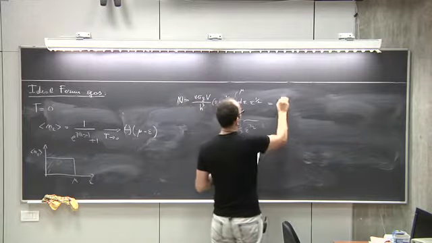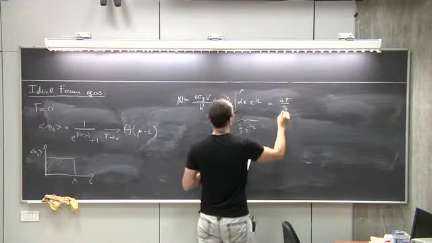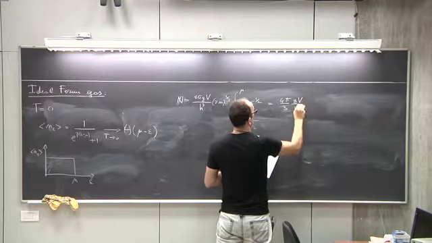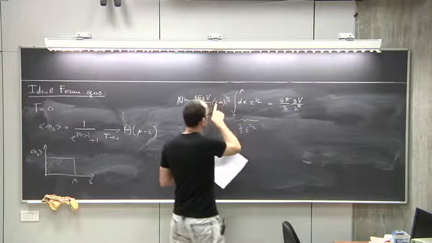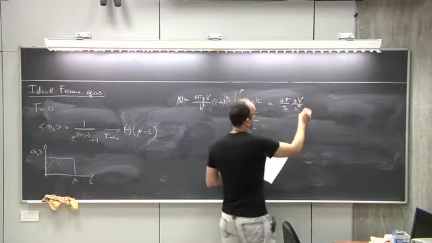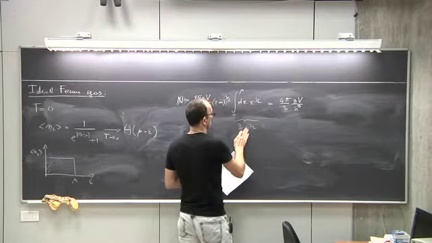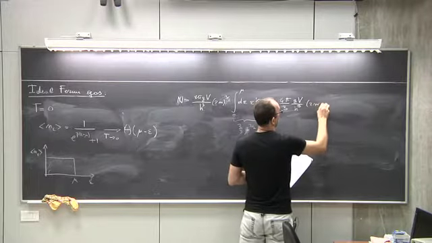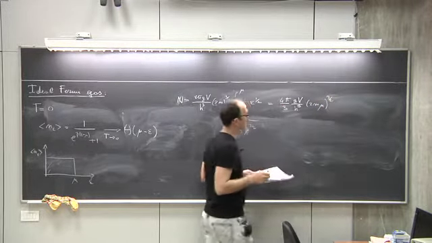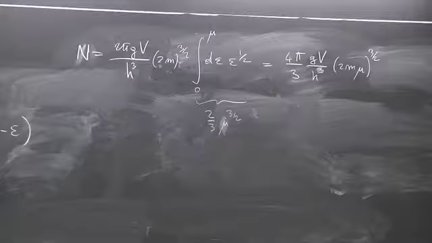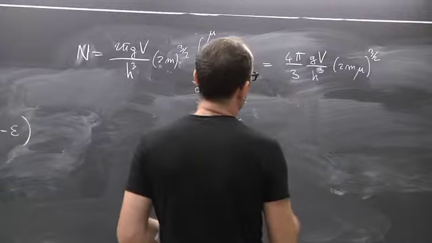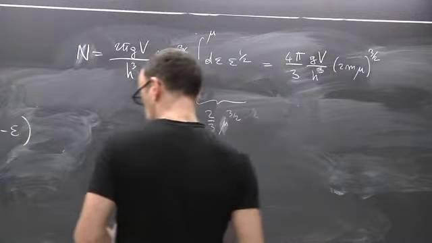So you get 4 pi over 3 g V over h cubed, and then there is 2m times mu to the 3/2.